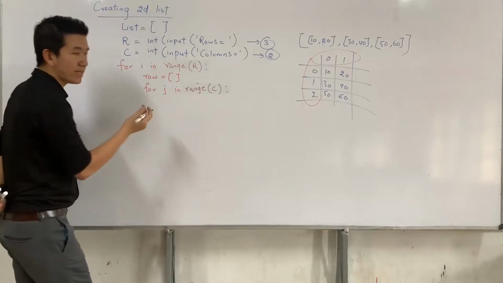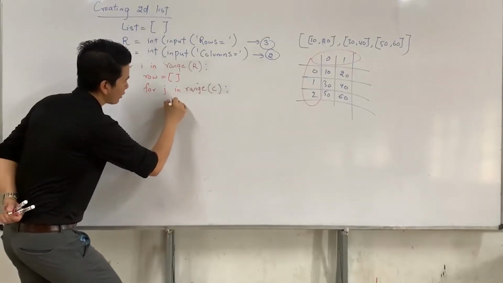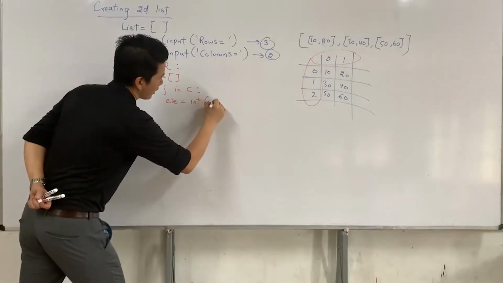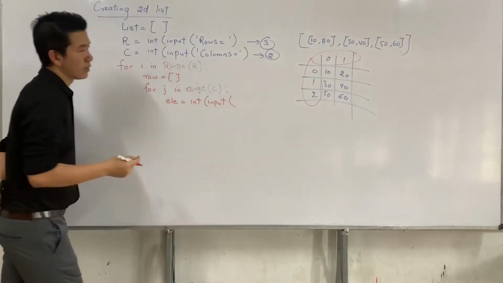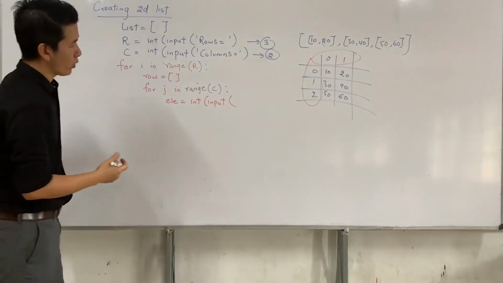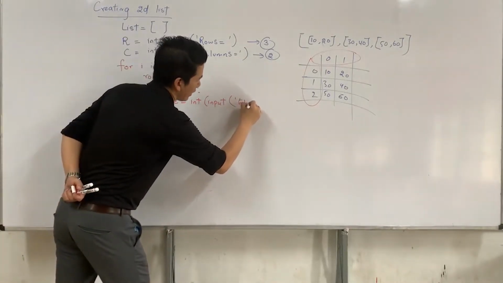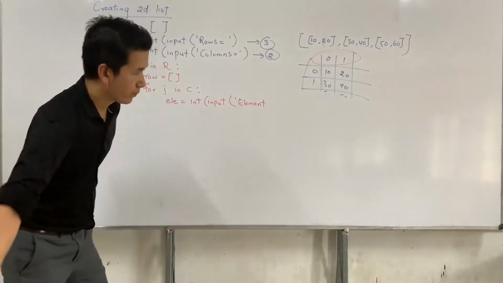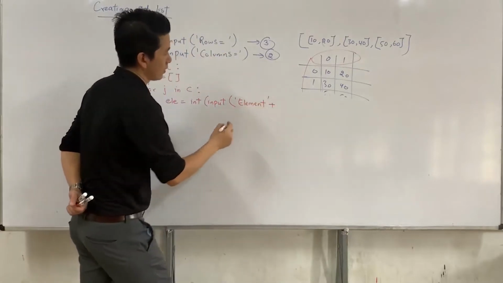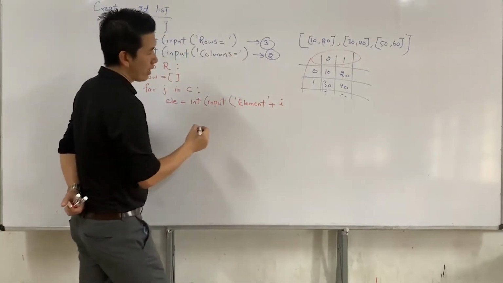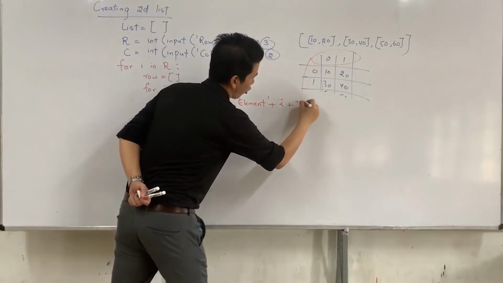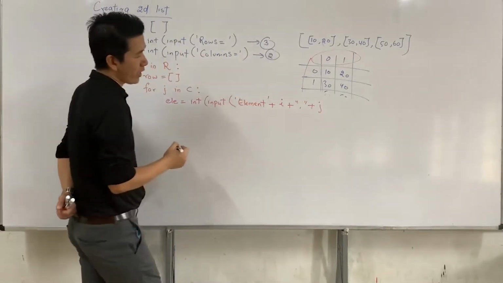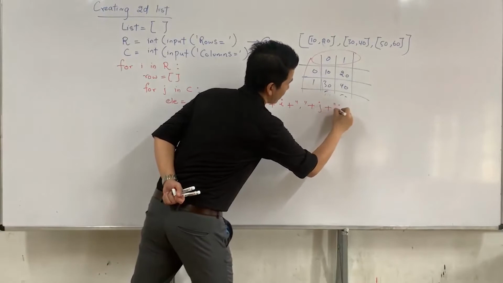And then let's get the value in a variable called ELE. I'll use this int, okay, and then input. And just to make the message for the user in a little formatted way, I'll just write element, okay, and then we'll have the plus, the value of I, the row number, and then plus, I'll write comma here, followed by the column number, which is represented by J, and then finally I'll have the colon.